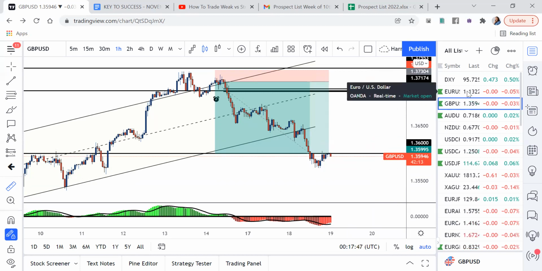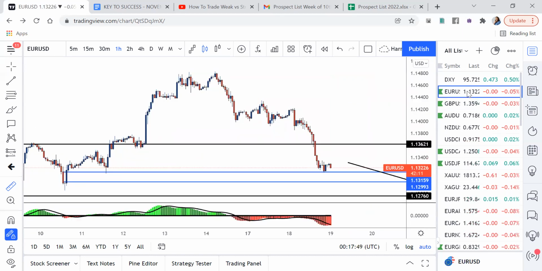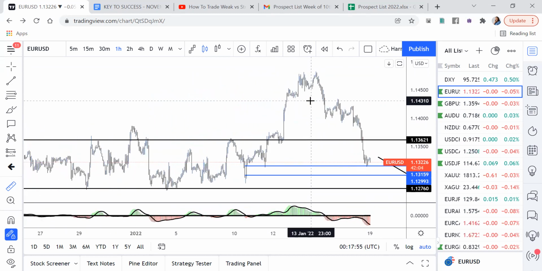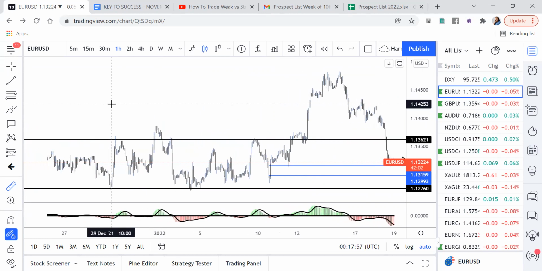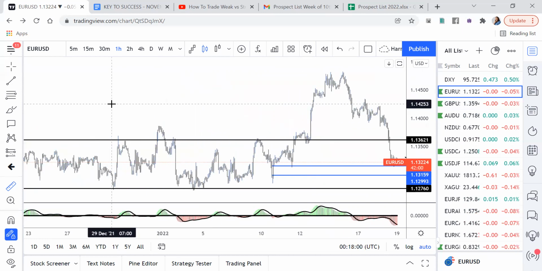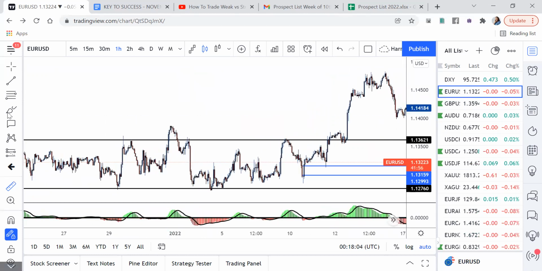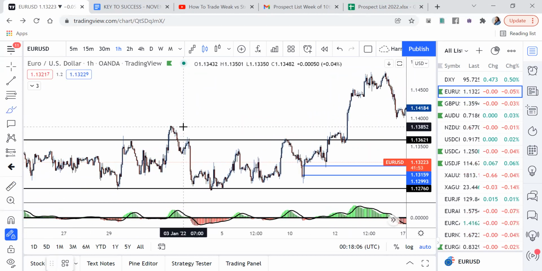So let's continue to look and see what's happening in the market. Let's see if we can identify strong versus weak breakouts, etc. Right? So let's look at Euro USD because this is a classic example here. So Euro USD, we had a weak breakout here at structure.